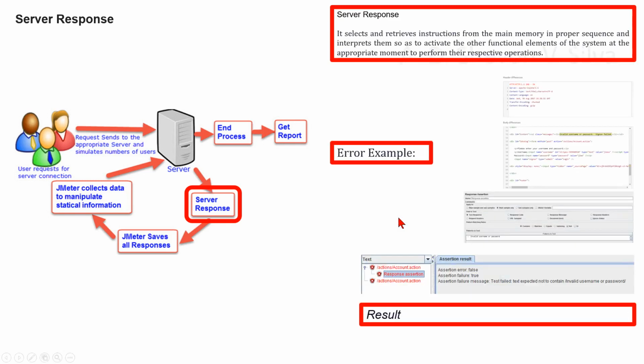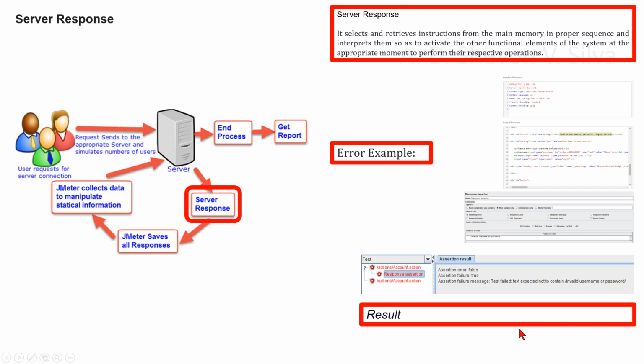As an error example, we can consider this result: assertion error false, assertion failure true, assertion failure message: test failed, test expected not to contain /invalid username or password/.